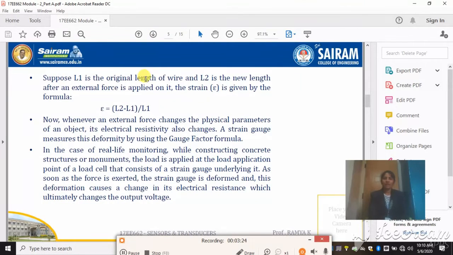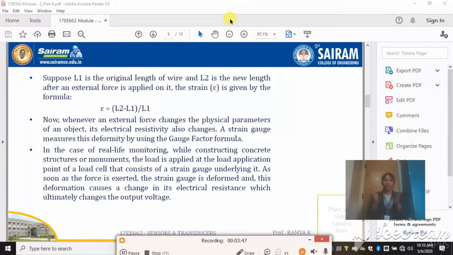Suppose L1 is the original length of the wire, L2 is the new length. Consider L1 is the normal length of the conductor. When you apply some force, suppose you are applying a stretching force, the length of the conductor is getting changed. It means that it is moving on to a new length.